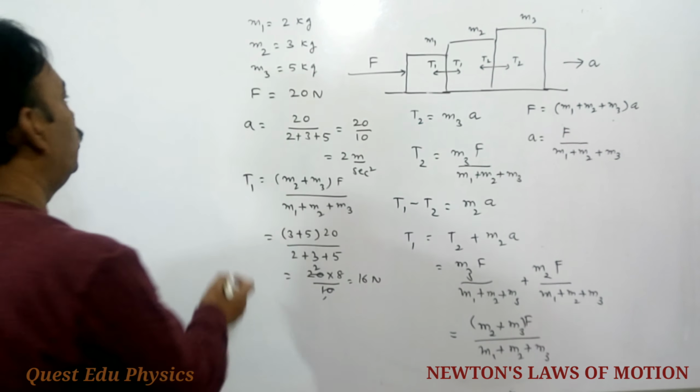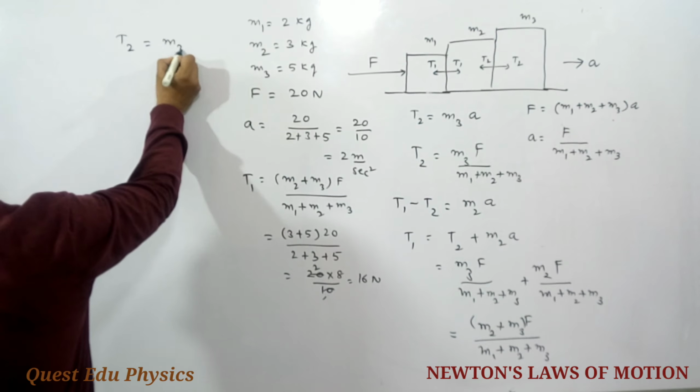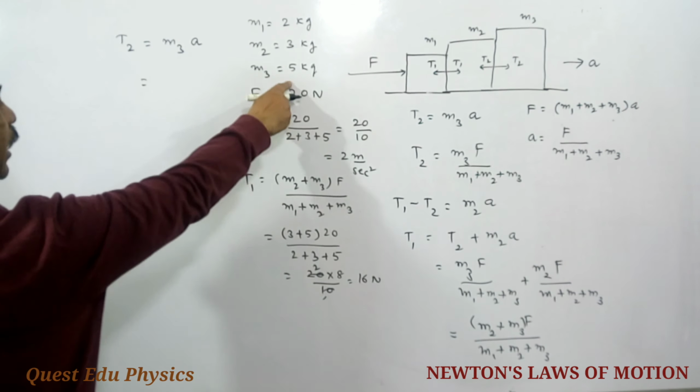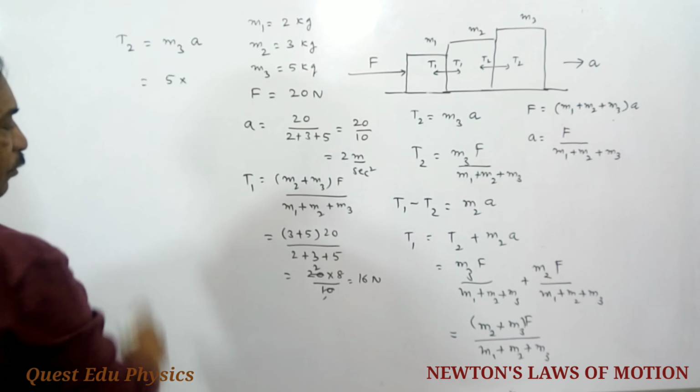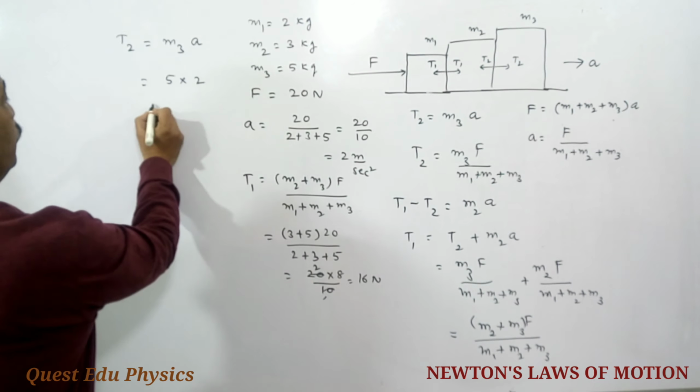And we have to find out T2. T2 can be had easily. It is equal to m3 into A. It's a smart thing. m3, what was given? 5. And the acceleration we got is 2.